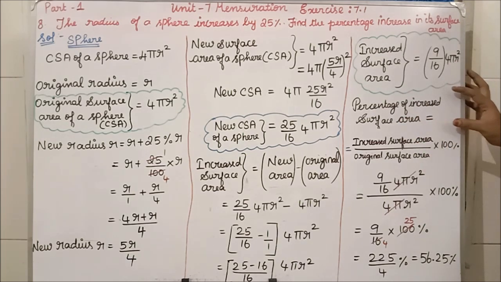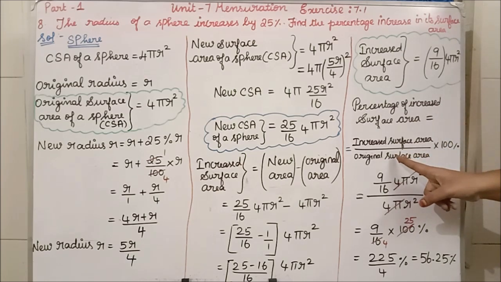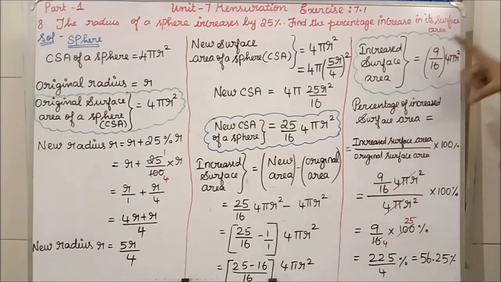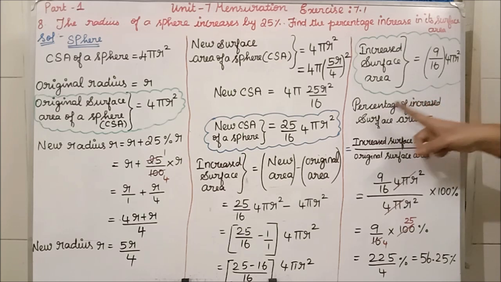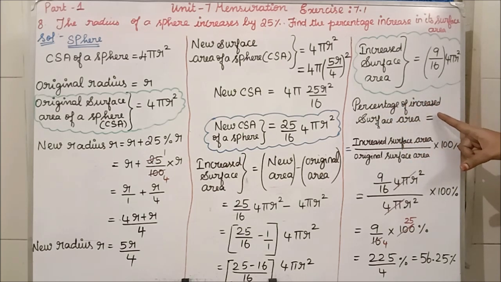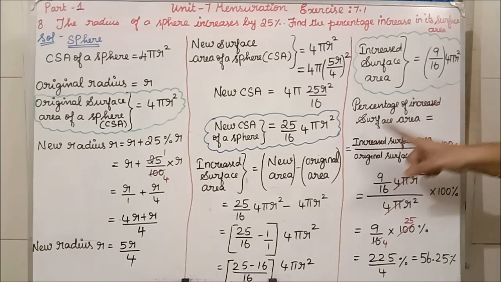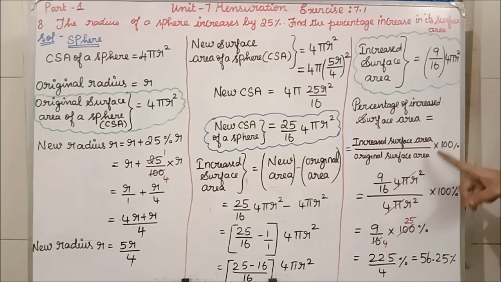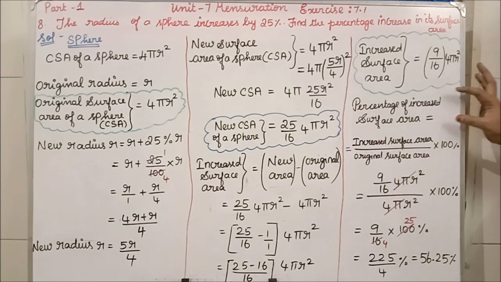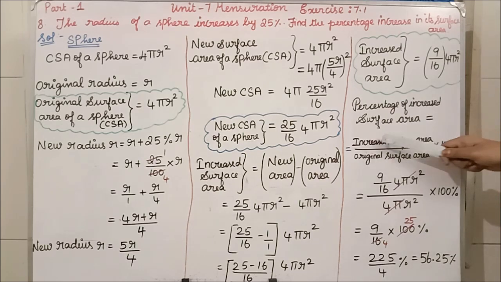Since I don't have space here, I have written it down below, but you have to write it in the same line. Percentage of increased surface area is equal to the increased surface area divided by the original surface area into 100%. Now the increased surface area, what value do we have? 9 by 16, 4 pi r square.